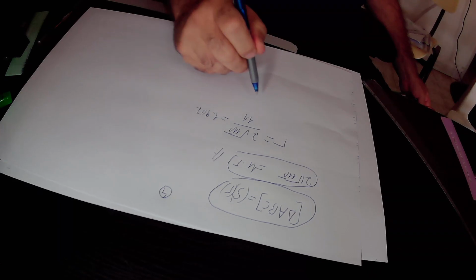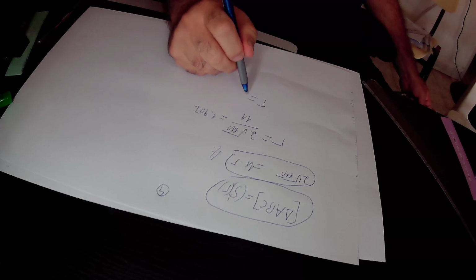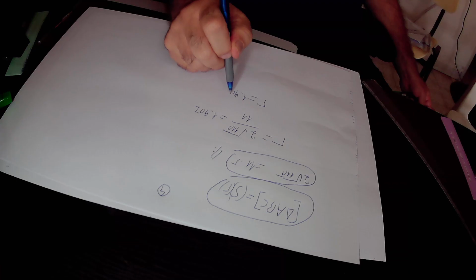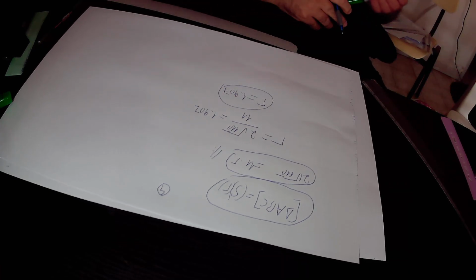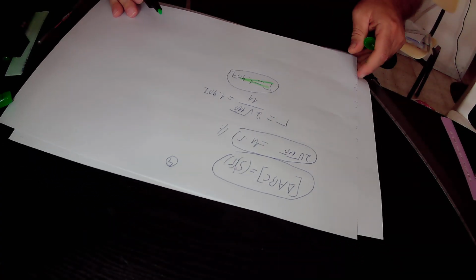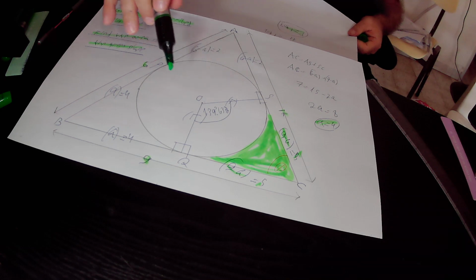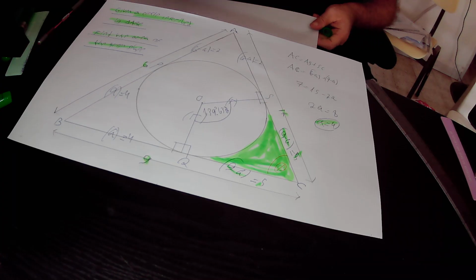So we found out that the radius of the circle that is inscribed by triangle ABC is equal to 1.907 units in length. So again, the radius R equals 1.907 units in length.